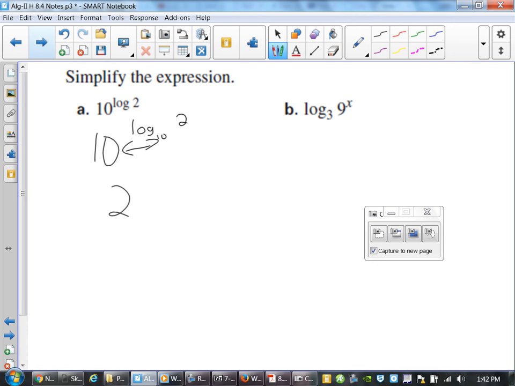I don't understand why log all of a sudden became an exponent. It can be anything, and anything can be an exponent. 3 to the pi, why not?